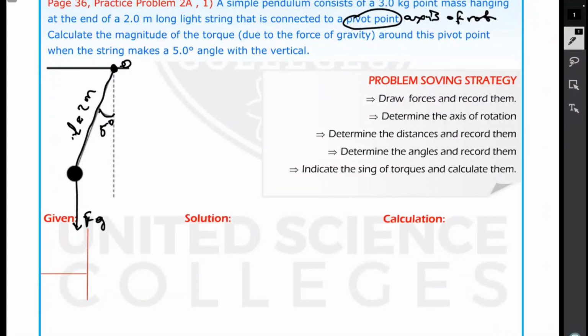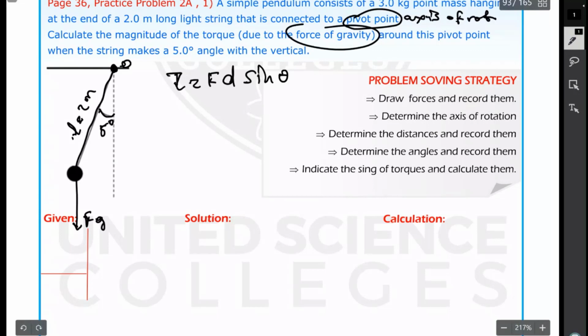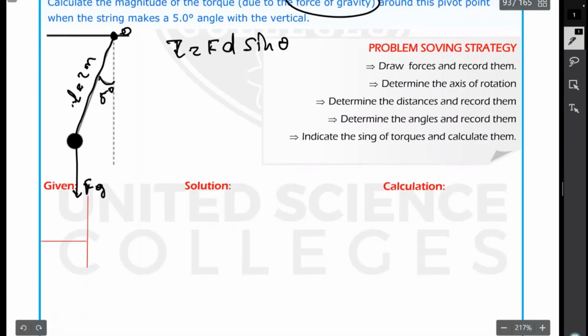So the equation, as we know, torque is equal to F d sine theta. So F is in here, force of gravity. Yes, you should first calculate it. Mass is 3 kilogram.